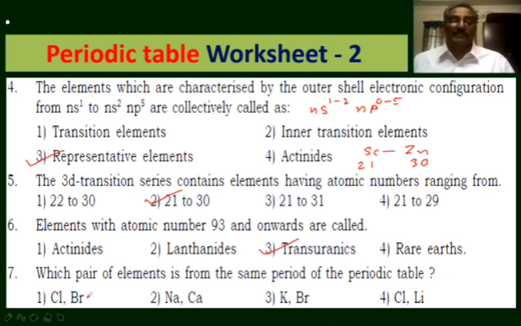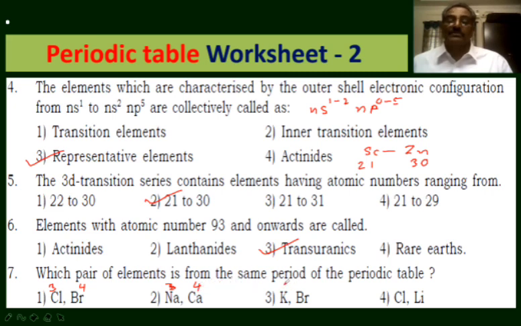Chlorine and bromine. Chlorine belongs to third period and bromine belongs to fourth period. Sodium belongs to third period and calcium belongs to fourth period.